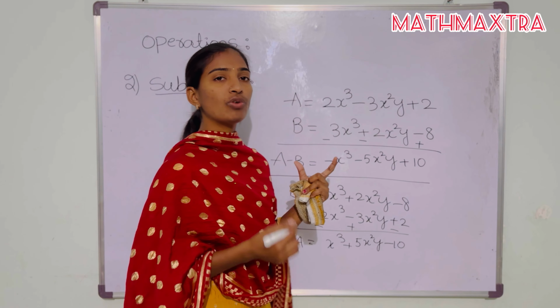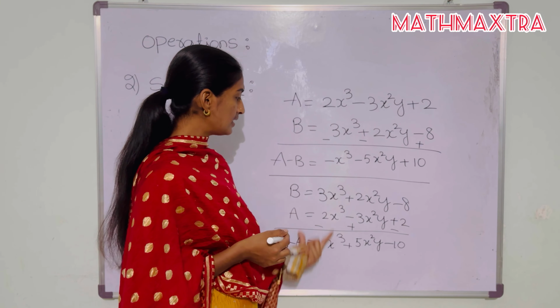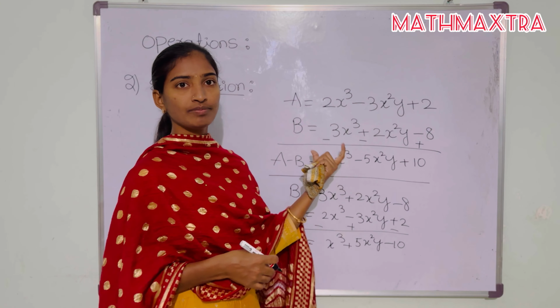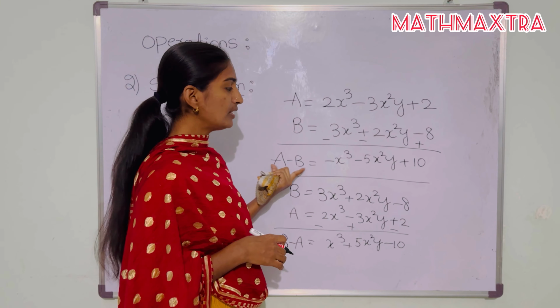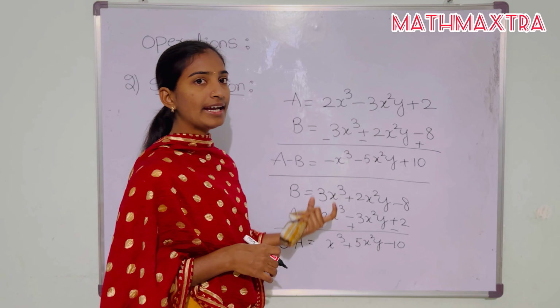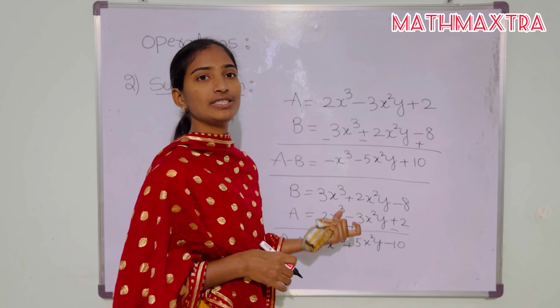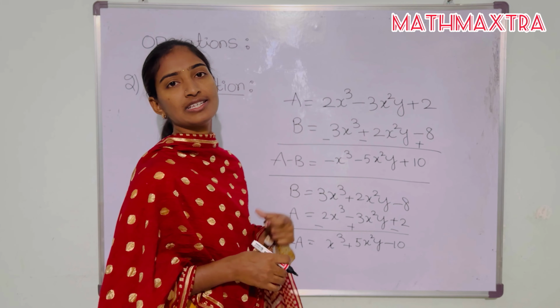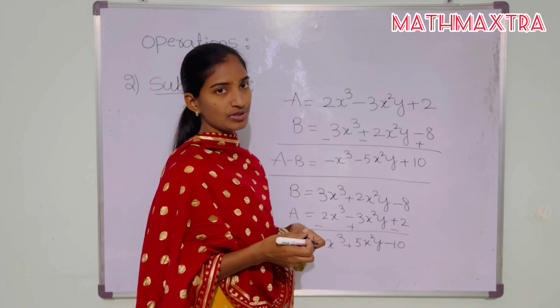It means if you want to find b minus a, it is enough to find a minus b. If you first find a minus b, then write the same expression by changing the signs, you will get b minus a. So you have to observe this.